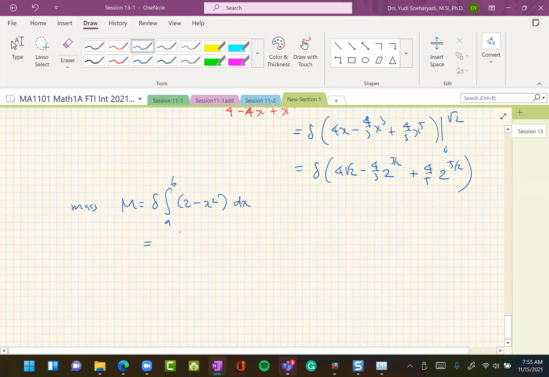So that's, from symmetry, twice the integral from 0. If you plug that in, 2 delta times 2x minus 1/3 x cubed with the bounds. Okay, so that's how we can do that.